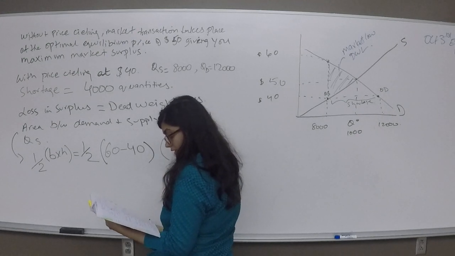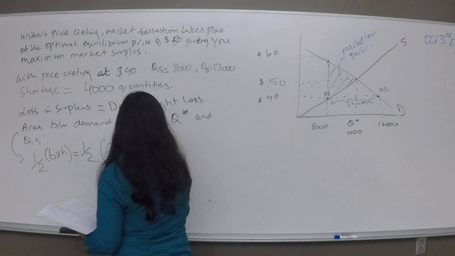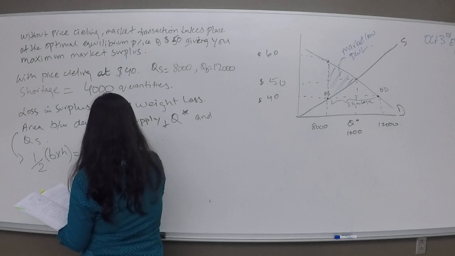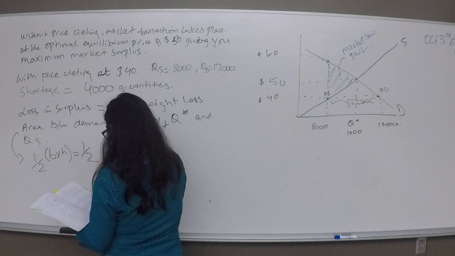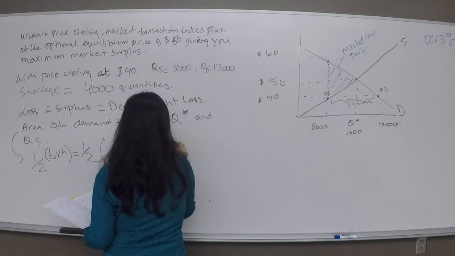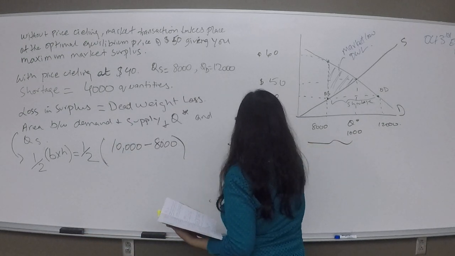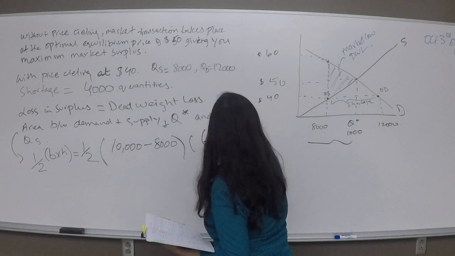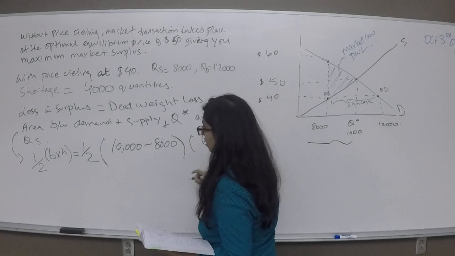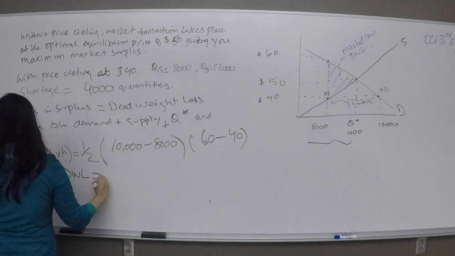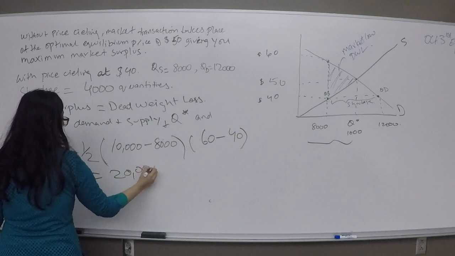Or actually, that's your height. Your base is 10,000 minus 8,000. Your height is 60 minus 40. So that gives you deadweight loss equals 20,000.